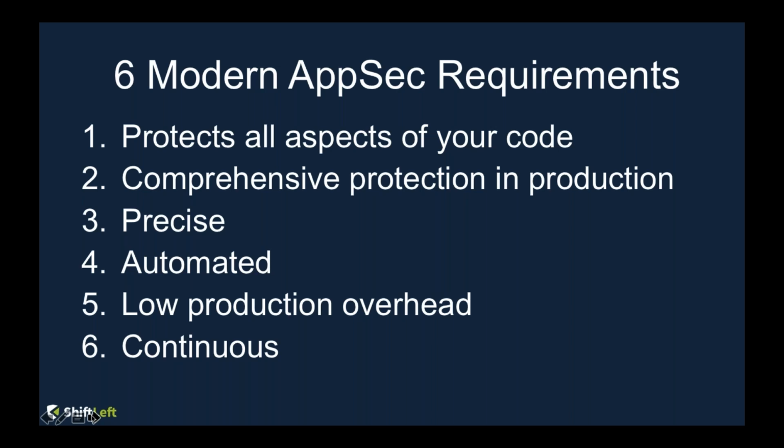Being able to provide comprehensive protection against all vulnerabilities in production, and we'll define what we mean by all. Being able to be much more precise so you can give quality and actionable feedback to your developers. Having security automated and integrated into the CI/CD workflows.